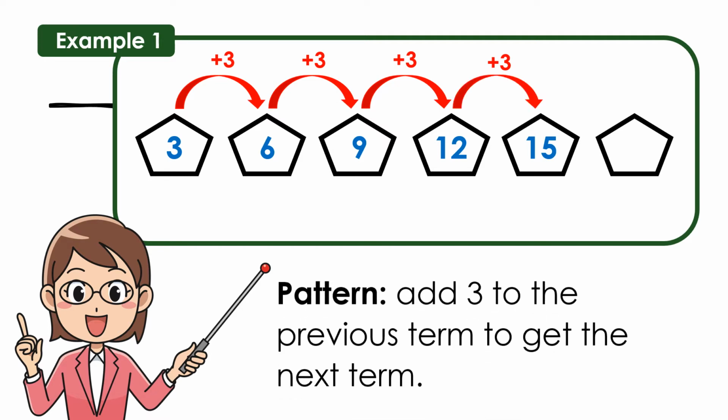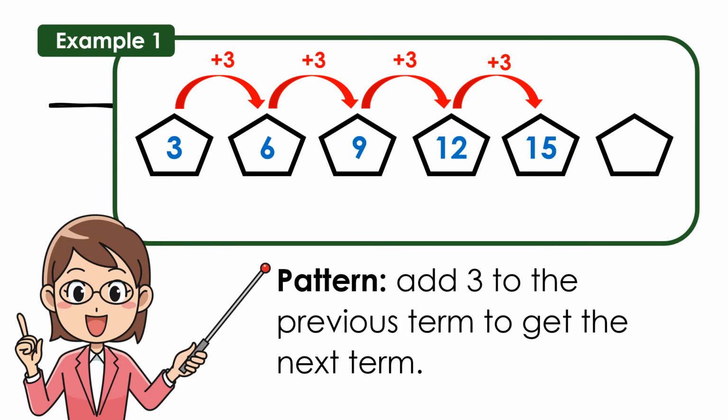What will be our pattern? Our pattern is adding 3 to the previous term to get the next term. Now, what will be our next term? Any guess? The next term will be 15 plus 3, we get 18.